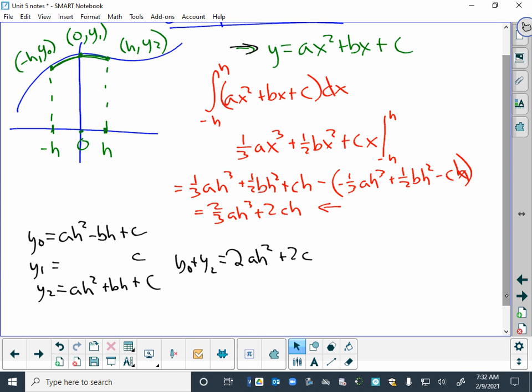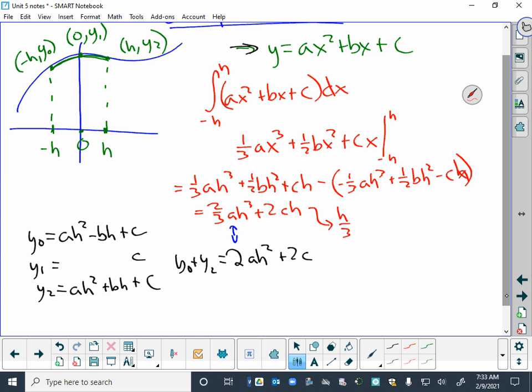If I compare these two things, I could get an h squared if I factored an h out of this top one. So let's take a look at this top one and see if we can make a 2ah squared show up. I think we could if we factored out an h over 3.